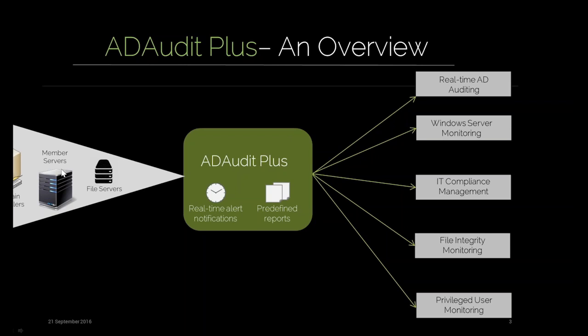So far, you don't have to make any changes on any of the servers. Now coming to the point, talking about the sources from where the tool is going to collect the data, which is the security log.